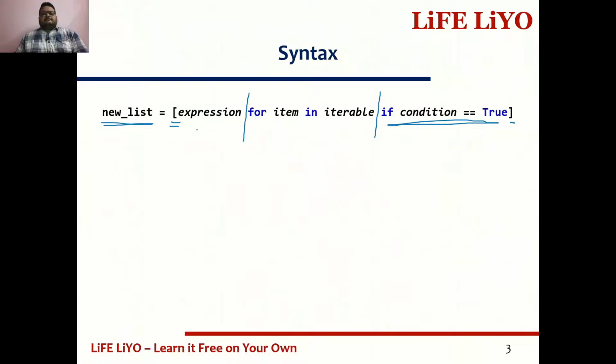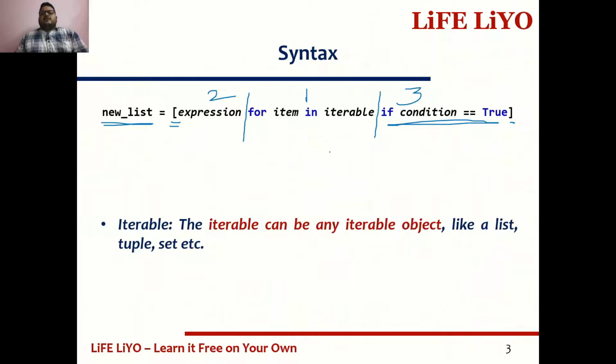Now let us divide this one and explain. First and foremost, I will explain the iteration, then the expression, and then the decision making. First of all, iterable. This iterable is useful for iteration over any object. That is, how many times a list has to perform the operation can be defined by this iterable.